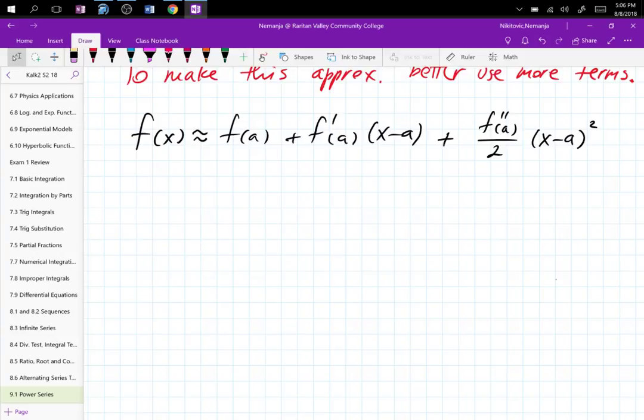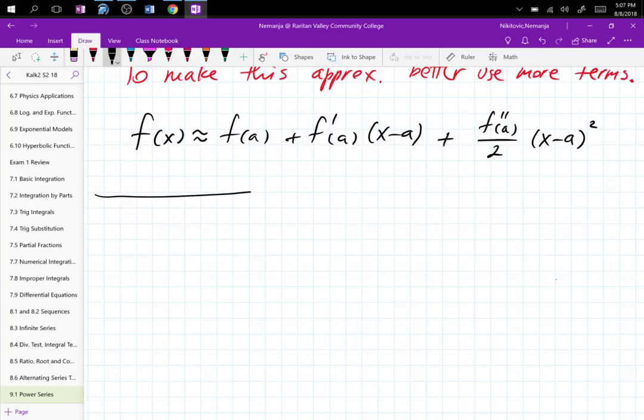Now, we have to use, and this is where I have the problem because, again, sections 9.1 and 9.3 should be one section, we are going to use now Taylor Polynomials. We're going to define Taylor Polynomials, and we're going to use Taylor Polynomials to take a look at, let's say, sine x first, and then maybe ln x, right, would be a good thing to do the approximation for. So what am I doing? Why is this called power series?